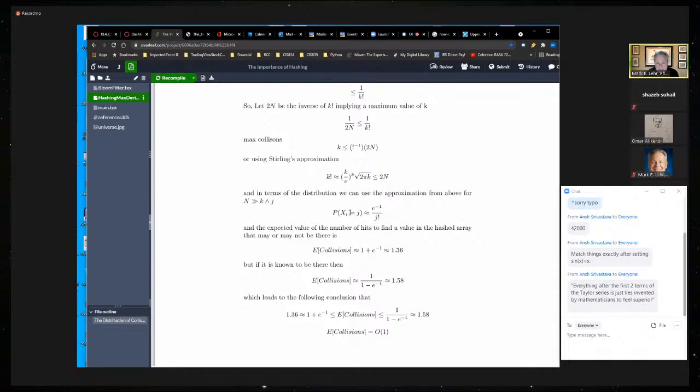So for 0, hashing to 0 would be e to the minus 1 over 0 factorial. Somebody tell me what e to the minus 1 is. It's close to 1 over 3. Well, 1 over 4? Got a calculator? Somebody tell me what it should be. 1 over e. Yeah, 1 over 2.7.